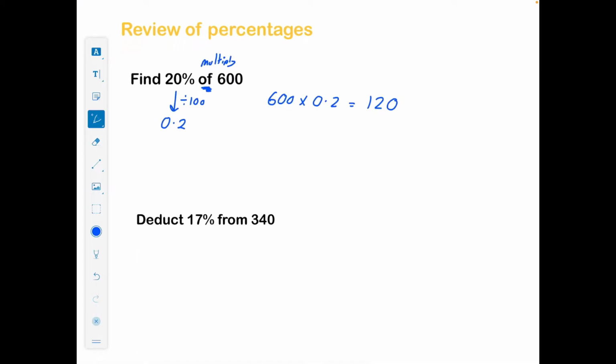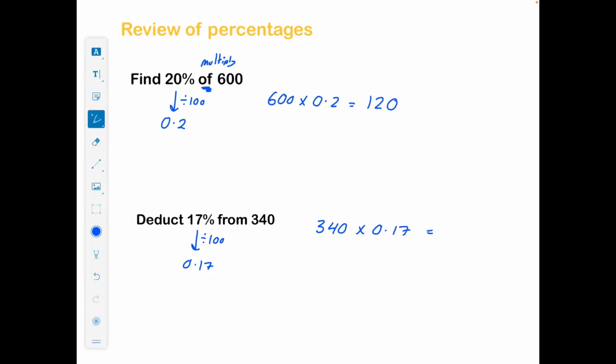Now, next one then, a little bit trickier. So we're going to deduct 17% from 340. I'm going to do it exactly the same way. So 17%, to find that as a decimal, I'll divide by 100. So 17 divided by 100 will give me 0.17. Now we want to deduct or subtract 17% from 340. So we're going to find 17% of 340 first.